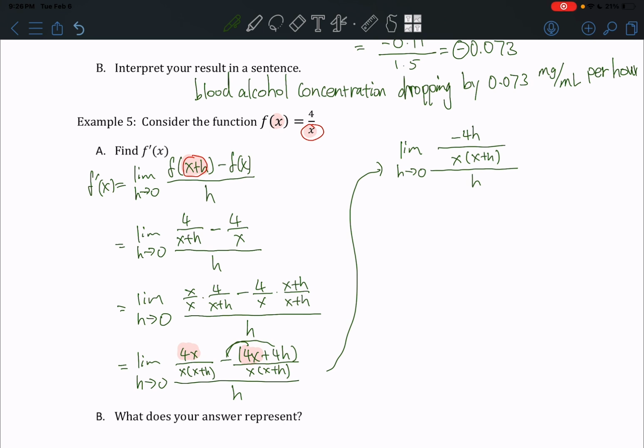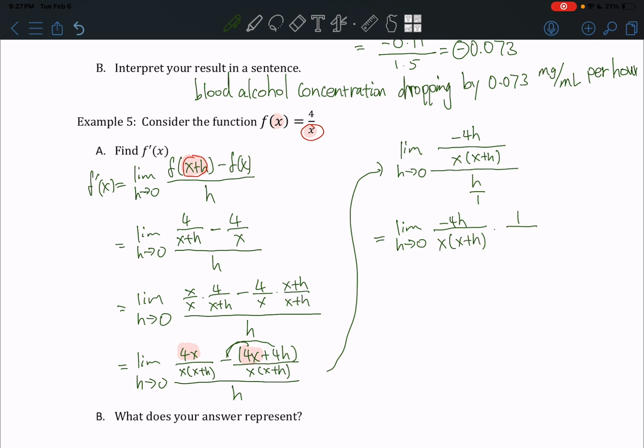So the next step, to help me see exactly what's happening, I think to myself, well, h is also known as h over 1. So now, I have a fraction on the top divided by a fraction on the bottom. When you divide by a fraction, it's the same as multiplying by the reciprocal.